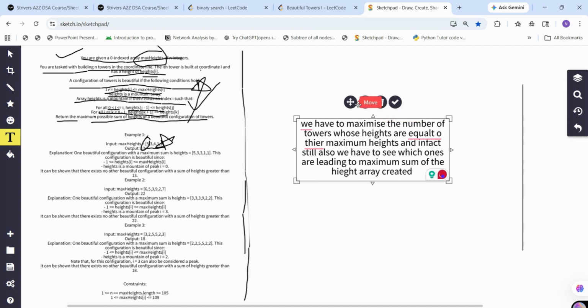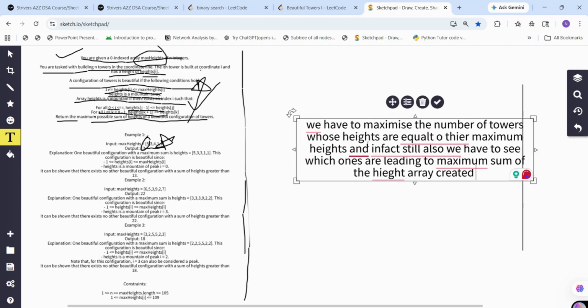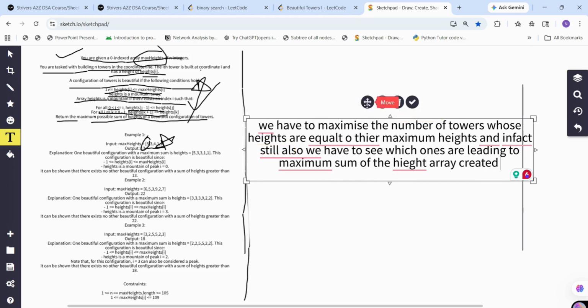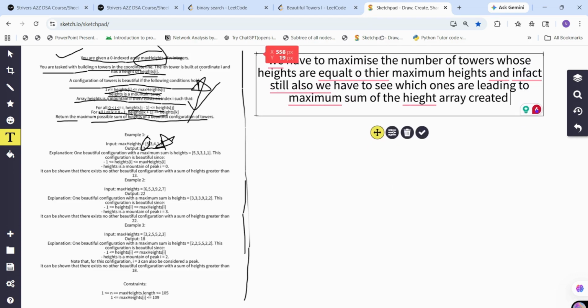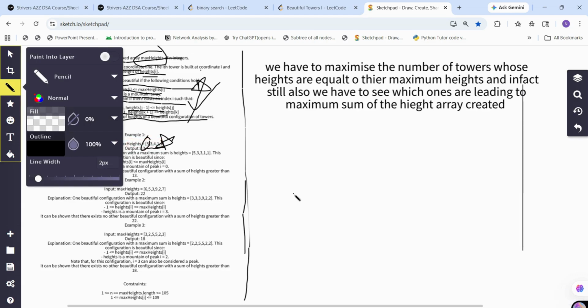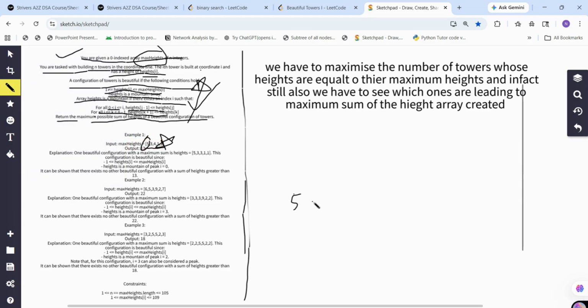Say I have 5, 3, 1, 1 and 5, 3, 5, 4, 1 as the maximum heights, and I have 5, 3, 3, 1, 1, so this is equal to its maximum height.